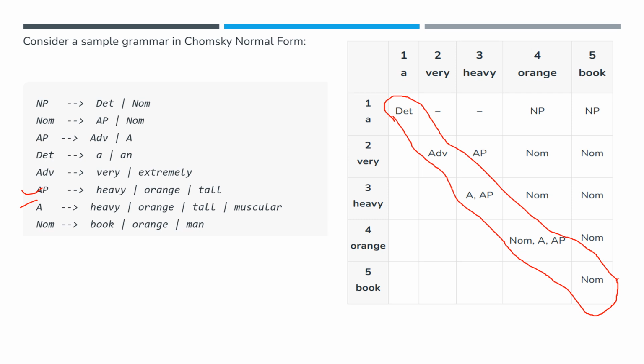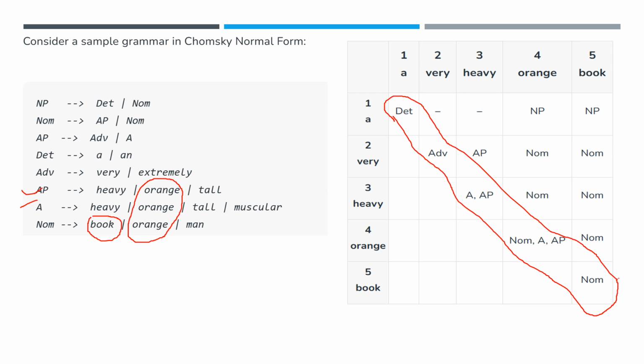Orange is present in AP, A and nominal, all three. So we'll be writing all three, nominal, A and AP. And book is present only in nominal. So we'll be writing nominal here.